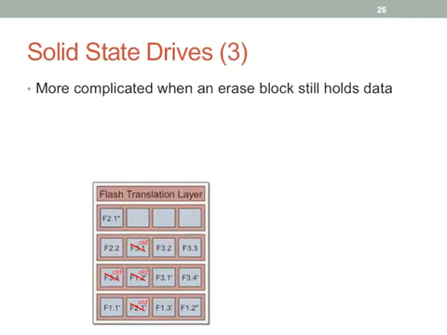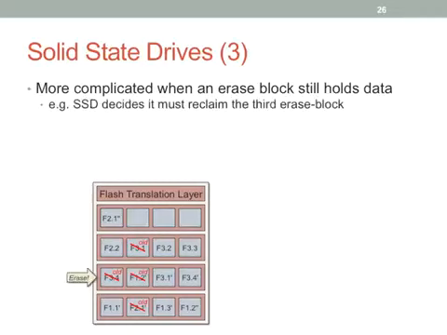But sometimes you have a situation where the solid-state drive is like, I need more cells. I'm getting scared. I need to start getting some space for writes. And there are no erase blocks that have only dead cells. So now we have to do something about it. Let's say that the solid-state drive decided that it wanted to reclaim the third erase block, but we still have data in there.